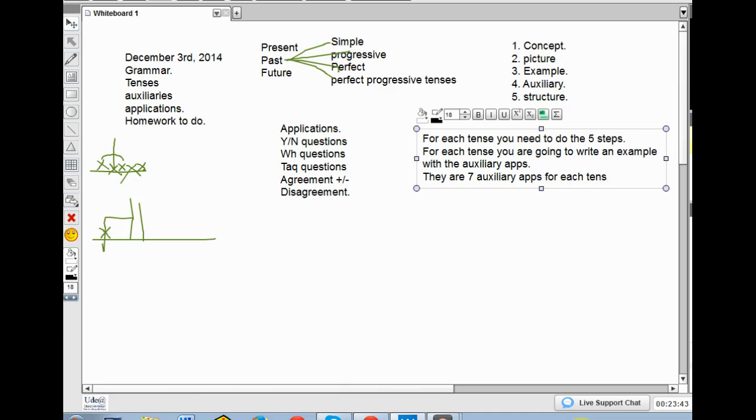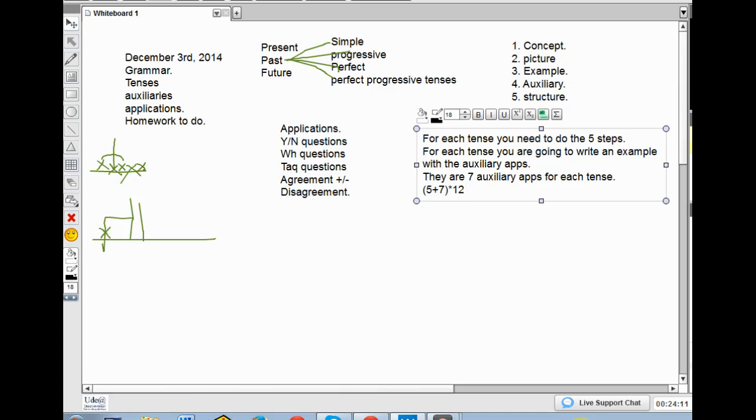So in conclusion, they are 5 things about the concepts plus 7 times 12.